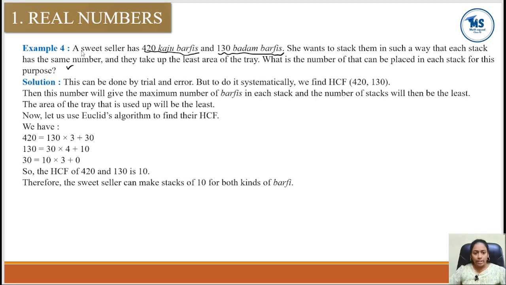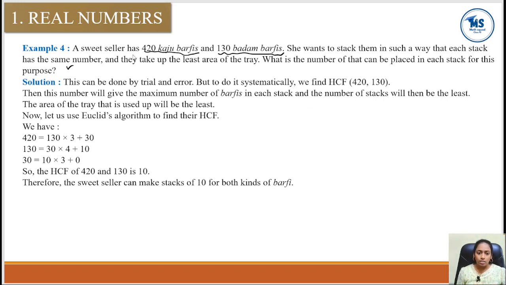So this sweet vendor has 420 Kaju Barfi and 130 Badam Barfi, and she wants to place them in a tray such that the Kaju Barfis have the same number in each stack, and the Badam Barfis also, such that they take the least area on the tray.